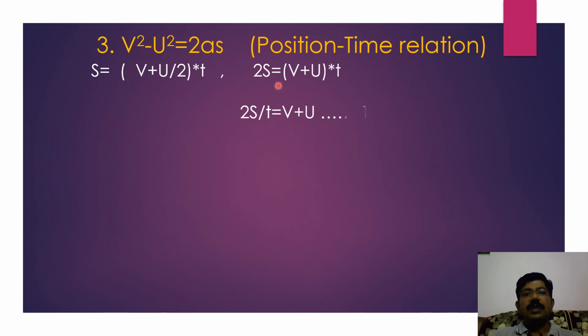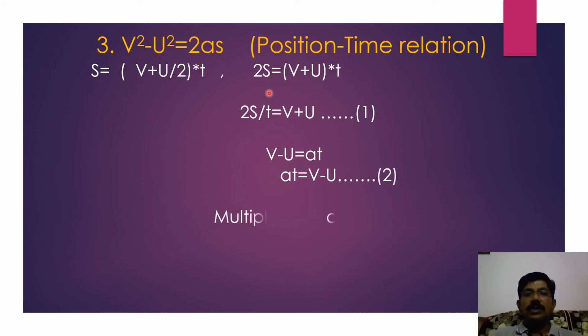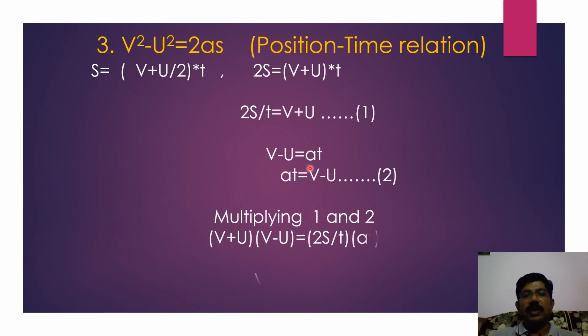By cross multiplication, 2s is equal to v plus u into t. Now bring t to this side, that is 2s by t is equal to v plus u. Now you know that from the first equation of motion, v minus u is equal to at. Now at is equal to v minus u.